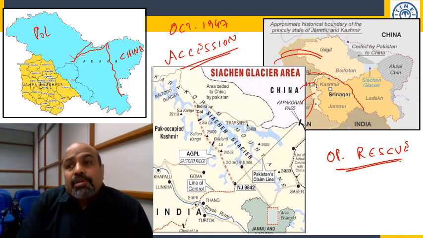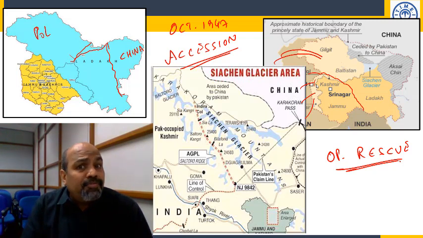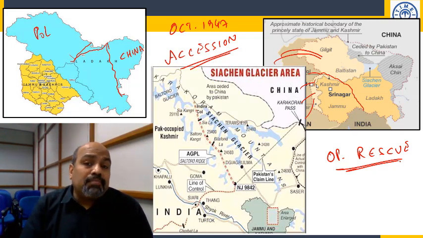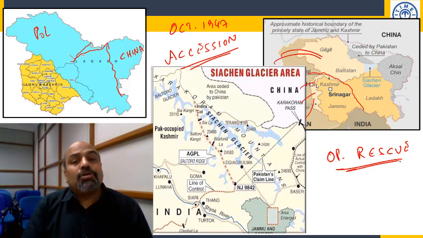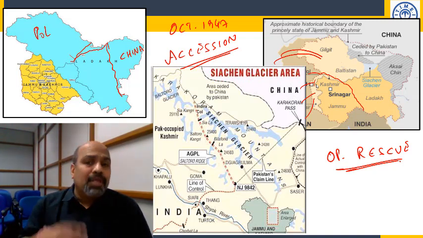Most people would tell you that, look, India, especially the liberals in India, would tell you that India did not fulfill its promise of holding a referendum. Well, the referendum resolution had many clauses. One of the clauses was that India would hold a referendum if and only if the Pakistanis would vacate the occupied territories in J&K.